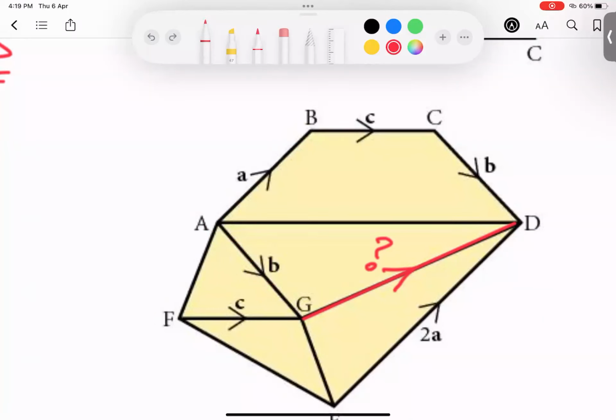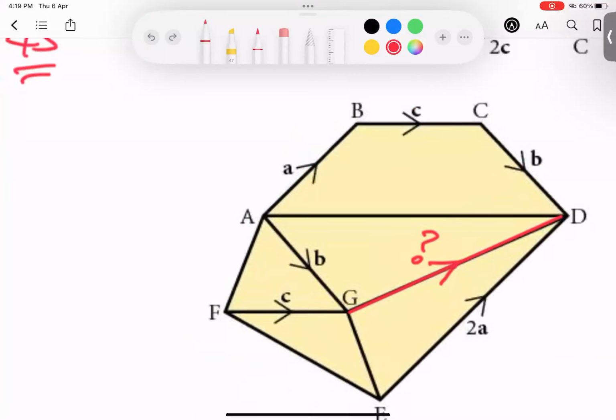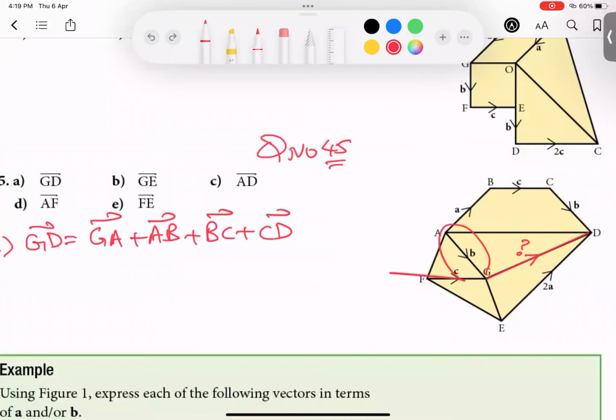Minus B. The others remain the same except this one. So G to A, if I write the answer here, will be negative B.